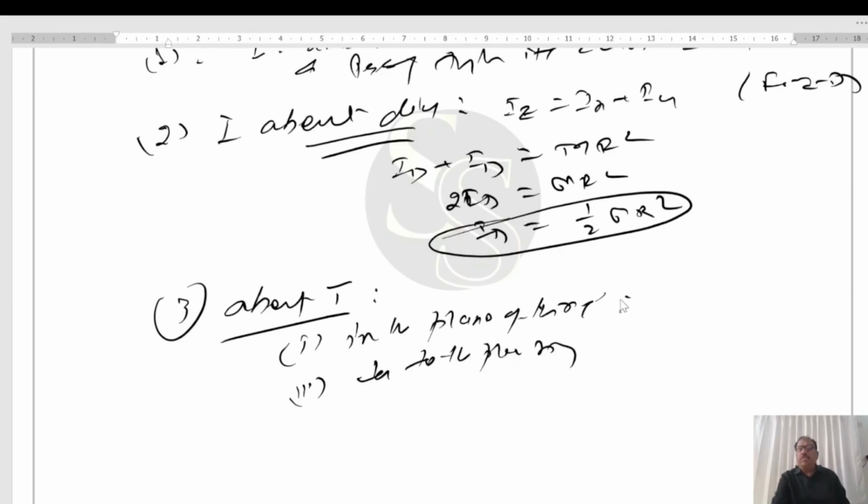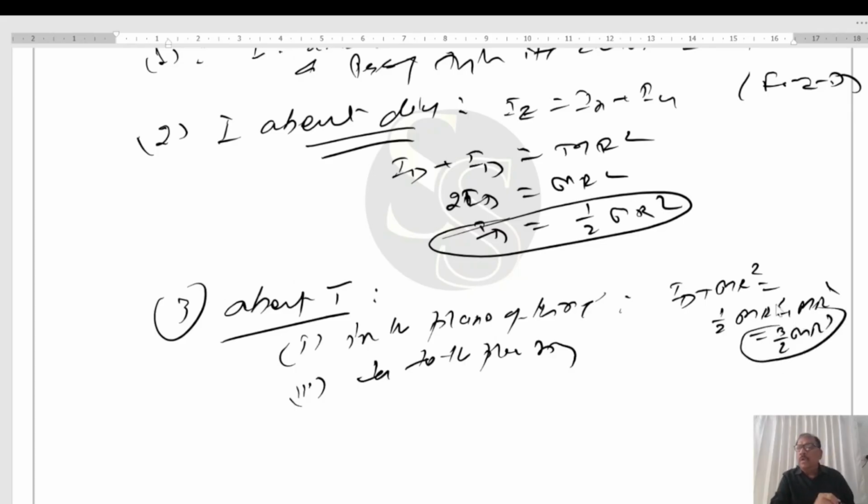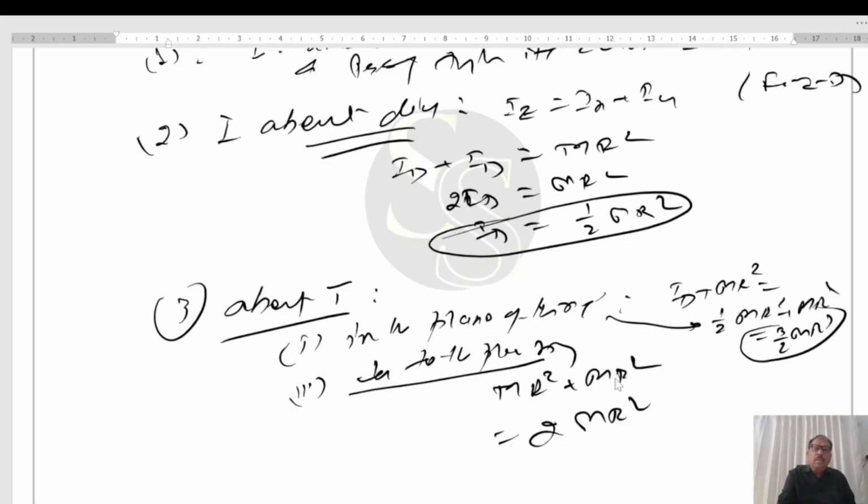In the plane of the ring, we have to apply Id plus mr square, that is 1 by 2 mr square plus mr square, that is 3 by 2 mr square. This is about the tangent. If it is perpendicular, then mr square plus mr square, that is twice mr square.